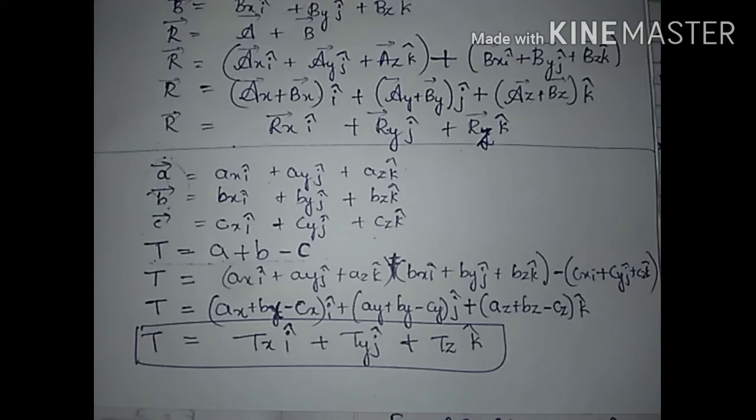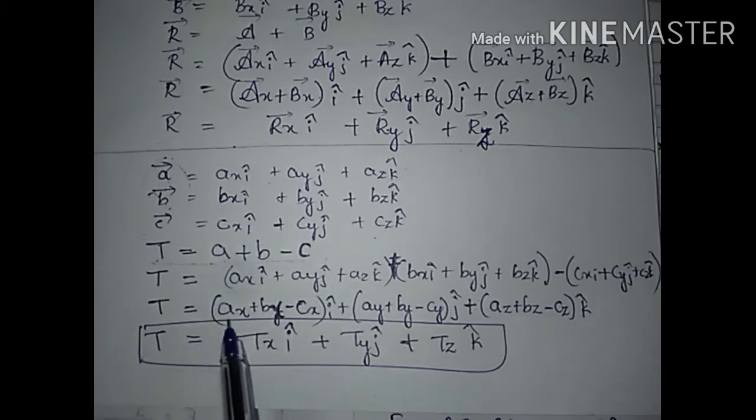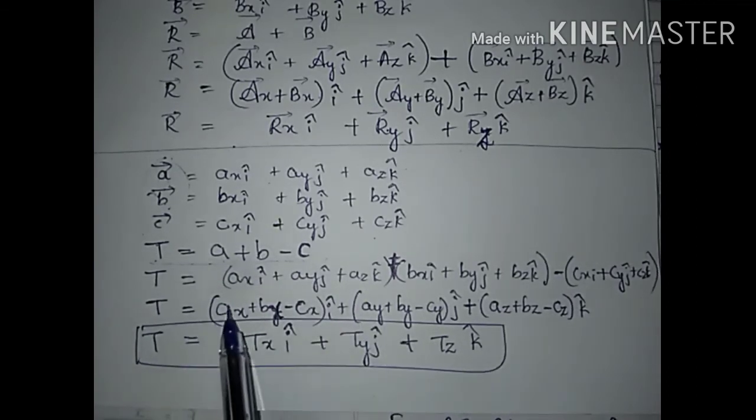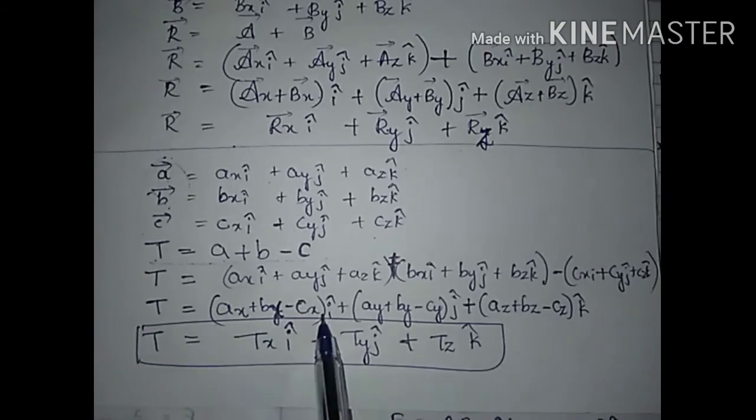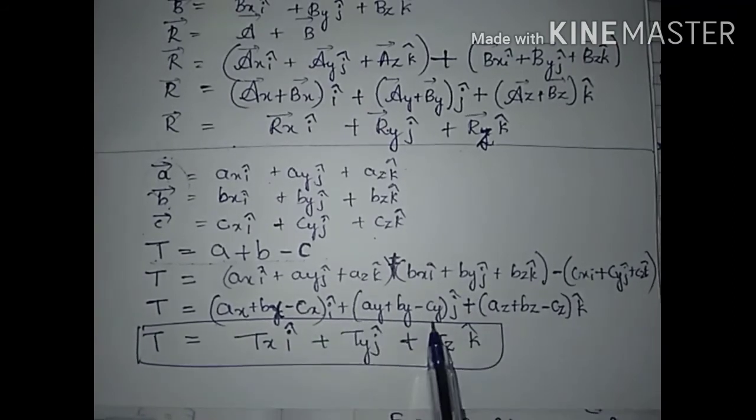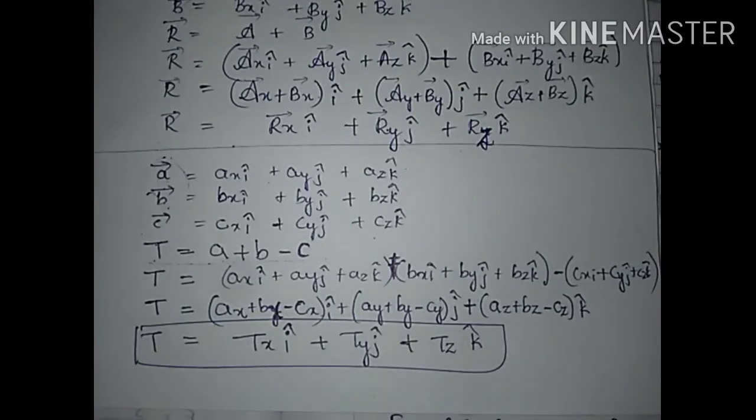So if you substitute A vector plus B vector minus C vector and rearrange them in terms of the axis in which they are lying, say for example you are grouping the components of A, B, C which are lying in the x-axis, then the 3 terms in the y-axis, and also the 3 components in the z-axis.